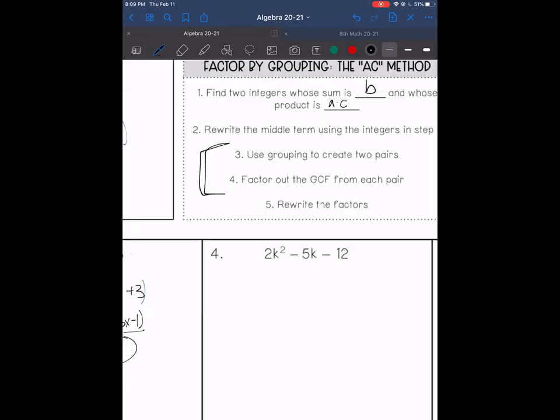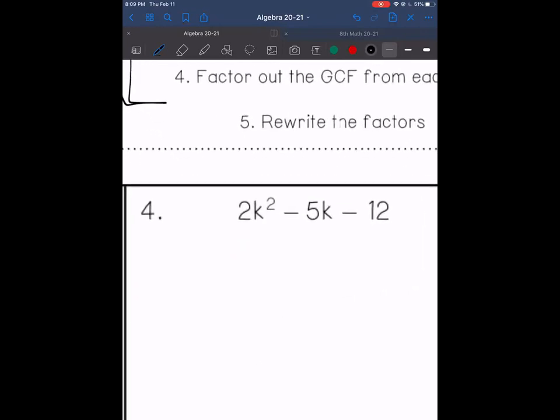Okay, one more practice problem. 2, negative 5, and negative 12. Well, no greatest common factor. We have a leading coefficient that's not 1. So once again, we're going to have to use our grouping or AC method. So table.